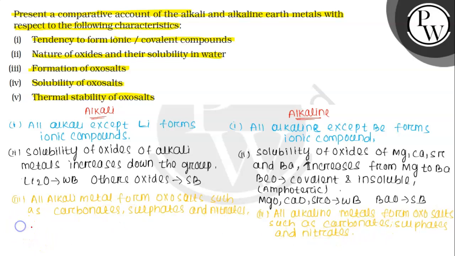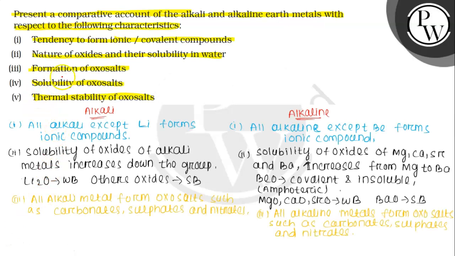Now the next point, so this is alkali and this is alkaline earth. The fourth point is the solubility of oxosalts.